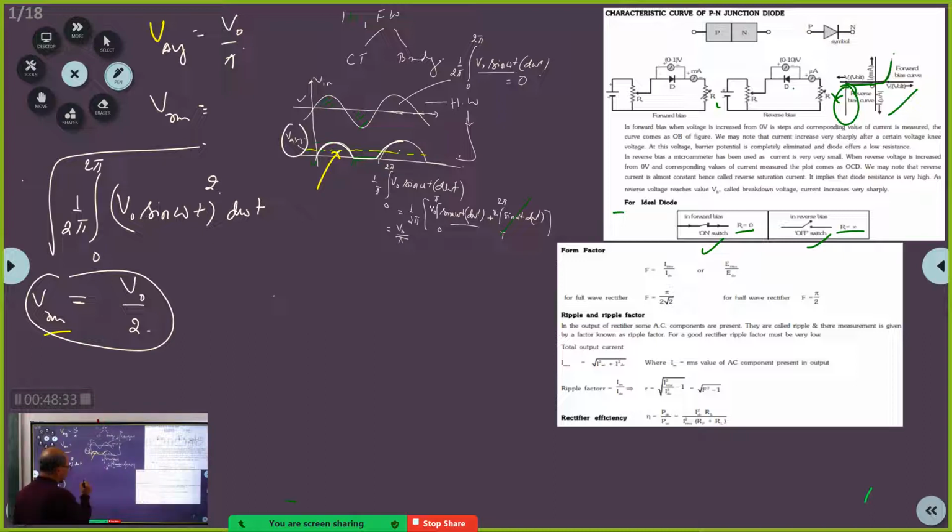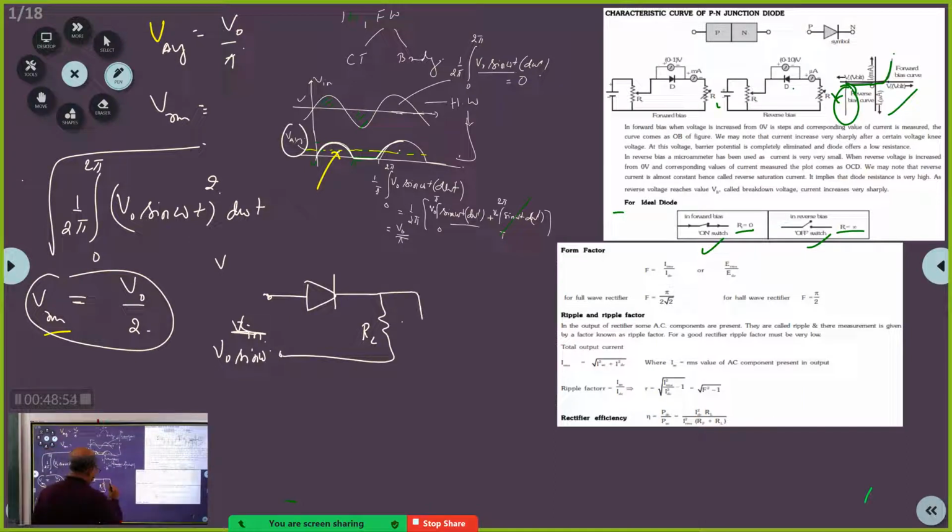Now here you see, students, I have this rectifier with RL, and here I am giving Vin, which is V naught sine omega t. Now I want to charge a capacitor.